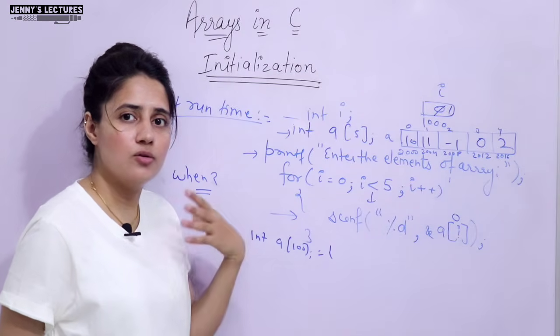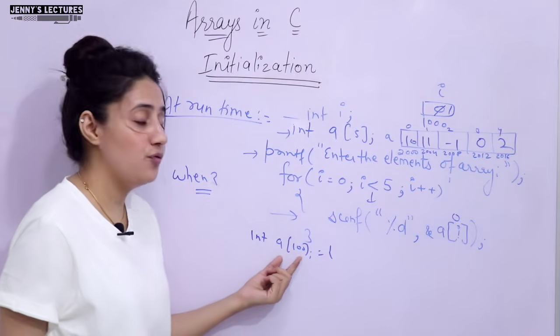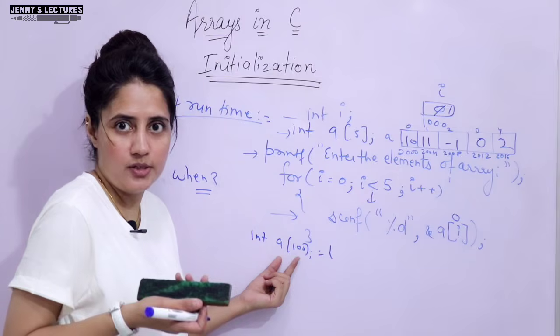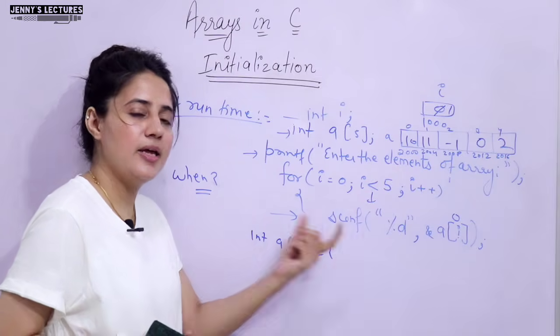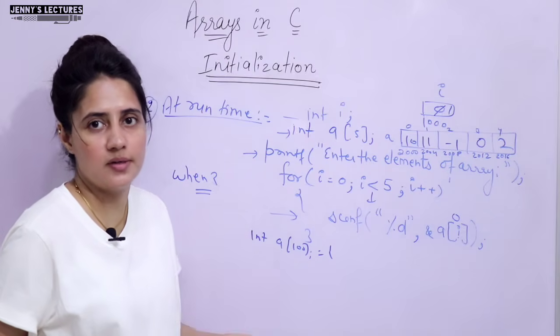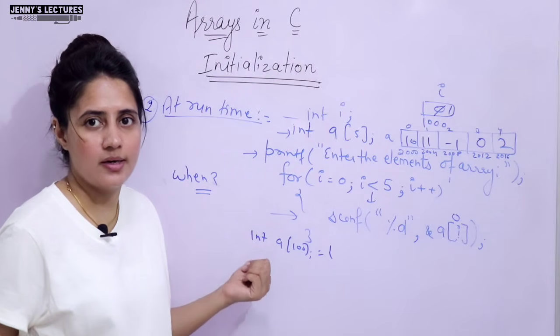So there we can use runtime initialization. And maybe suppose we want the first 50 data items or first 30 data items to be initialized with maybe 0 or 1, and the remaining data items initialized with 2 or 5 or anything. So at that time it's better to use runtime initialization, right? How?